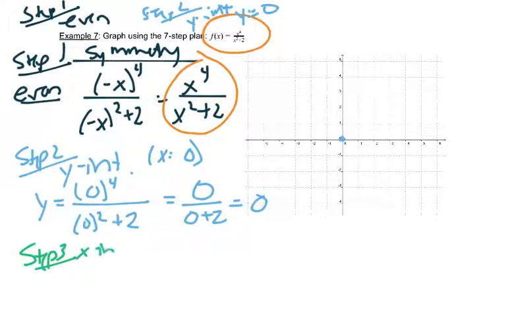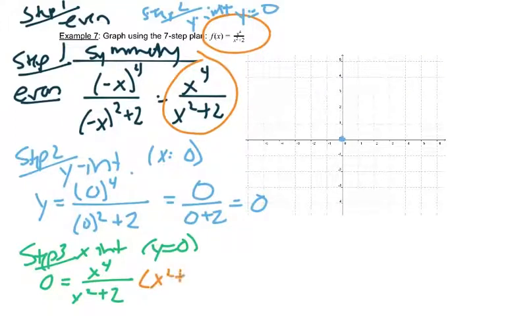So let's look at step 3, and that's our x-intercept. Remember that that means we're making y equals 0. So we have 0 is equal to x to the 4th over x squared plus 2. So we'll multiply both sides by x squared plus 2, because that's the denominator. We want to cancel it out. But that just gives me 0 is equal to x to the 4th.